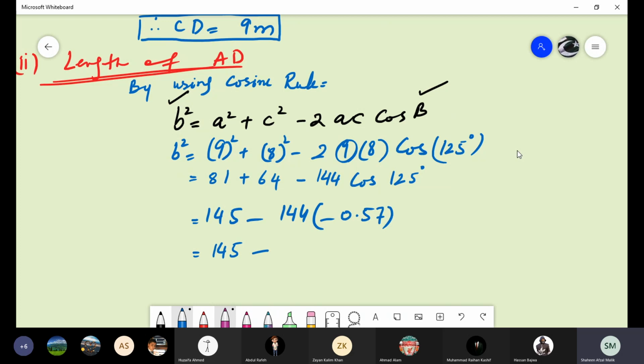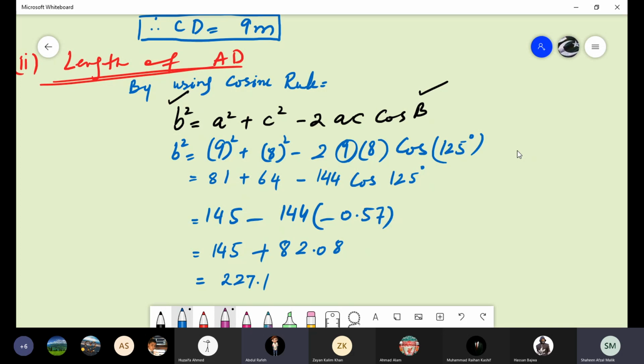It will be added to this because minus minus becomes plus. So when we add these two values, 145 plus 82.08, the answer is 227.1.